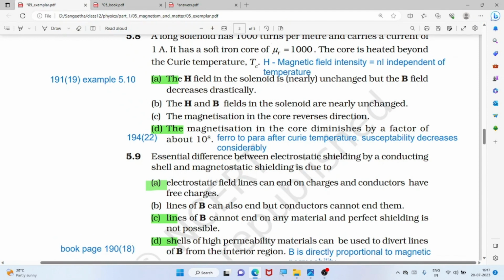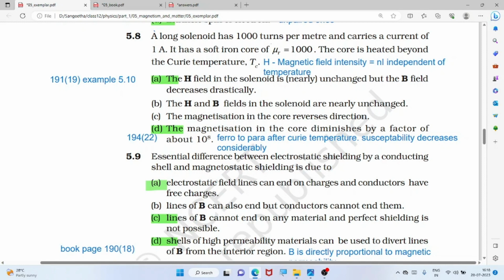So H is unchanged, but the magnetic field B will decrease because of the permeability. Susceptibility decreases with increase in temperature.